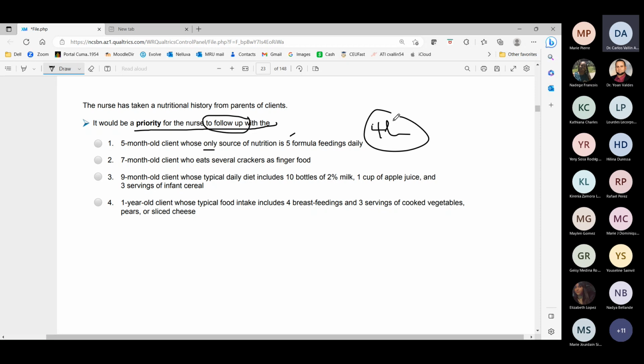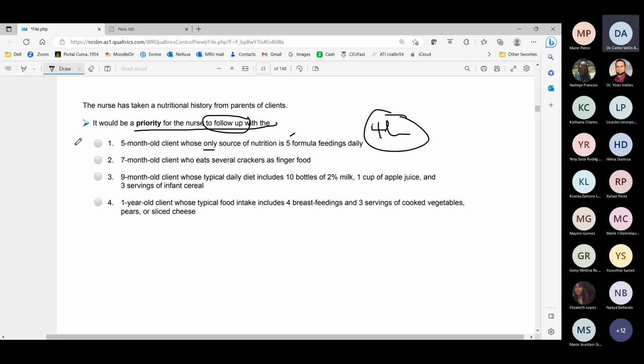This milk can be human milk, I mean breast milk, or could be formula. And this dose is adequate because at 5 months the child should be consuming formula every 4 hours more or less.